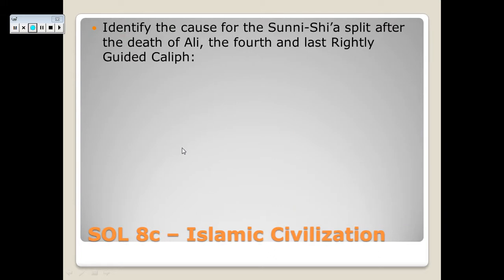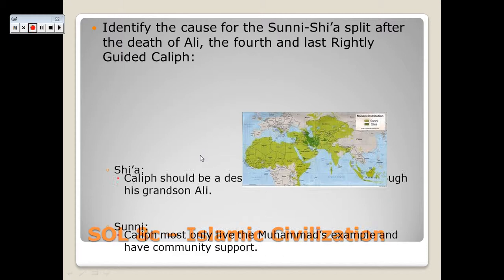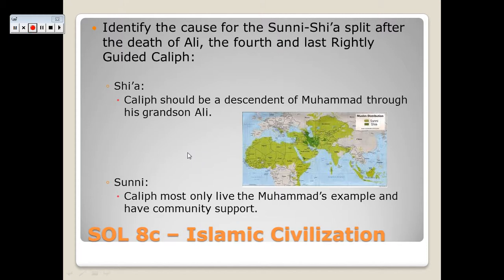Now, the cause for the Sunni-Shia split after the death of Ali, the fourth and final rightly guided caliph, was... We had two groups. We had the Shia, who believed that the caliph should be a descendant of Muhammad through his grandson Ali. So they believed that we should have rightly guided caliphs only, blood relatives of Muhammad. Alright, and that is the Shia.